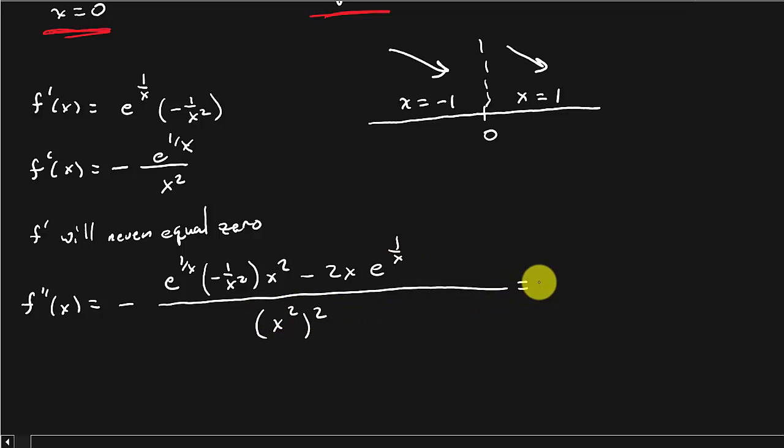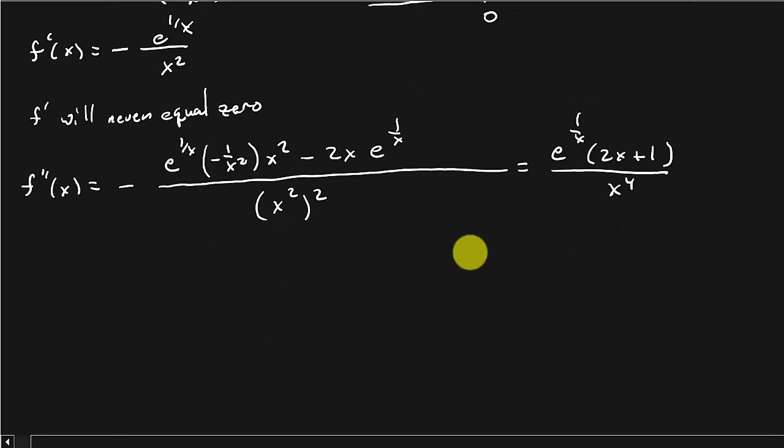And when you simplify that and everything, you end up with e to the 1 over x times 2x plus 1 over x to the 4th. All right, so there's our second derivative.